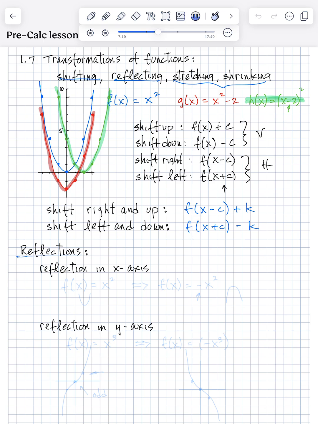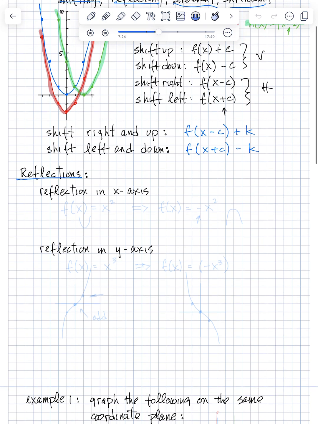Okay, let's look at reflections. They're either reflections in the x-axis or reflection in the y-axis. So let's look at a reflection in the x-axis. We'll use our f of x equals x squared. And we know what that looks like. It's a parabola, and it's opening up.